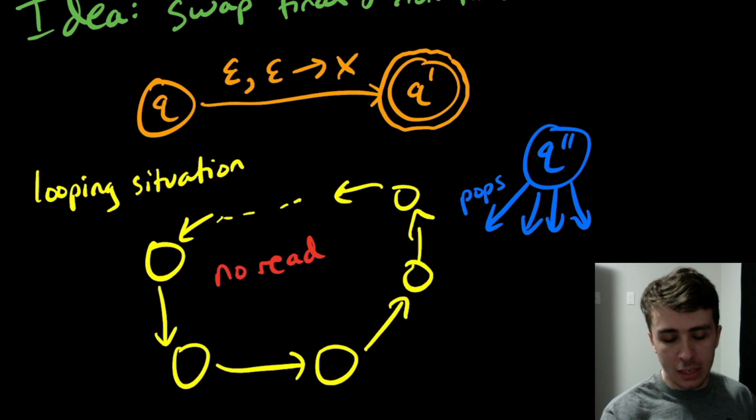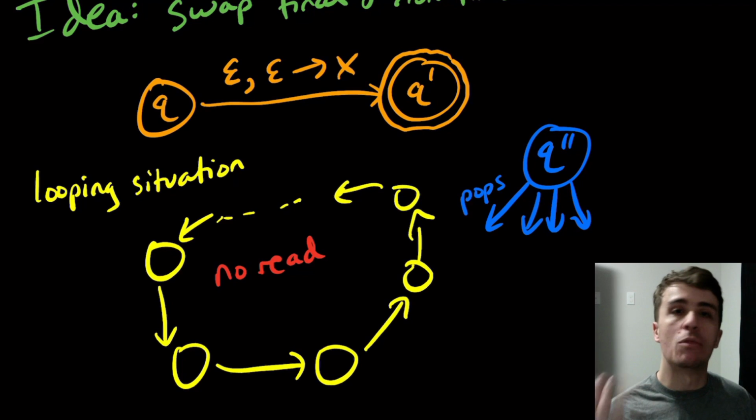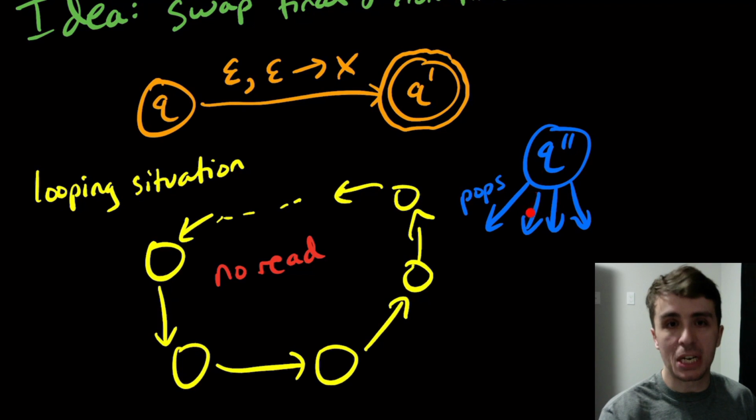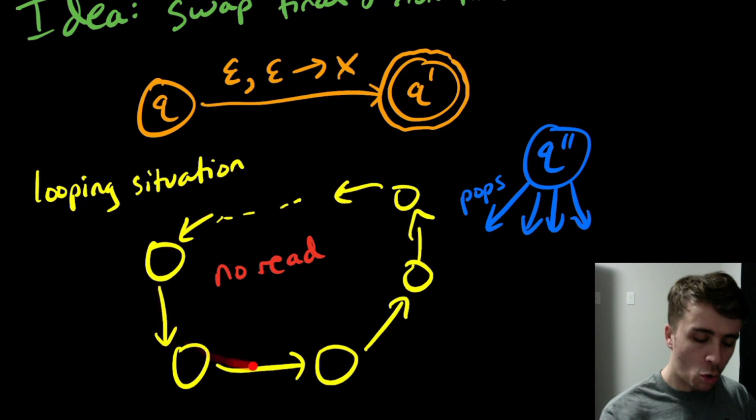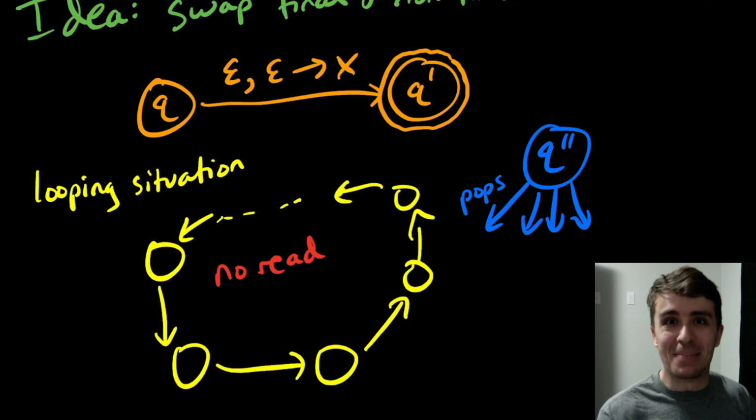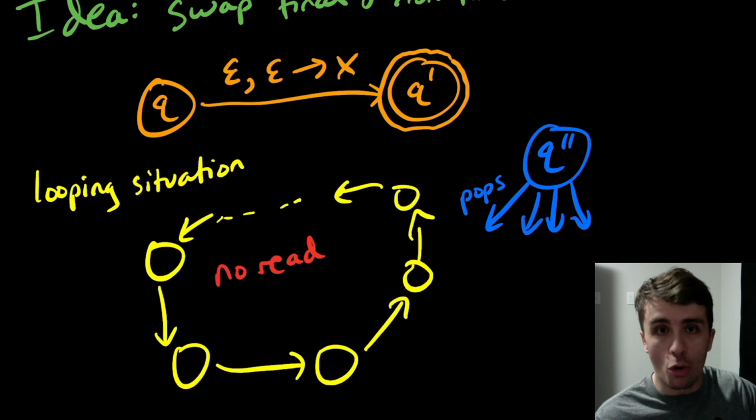Then if we try to take any of these transitions, we try to pop an empty stack, which is just impossible. So we would actually get stuck in this state, and we would never possibly read the whole input string. So we could fail to read the input string by getting stuck and not being able to take a transition, or the opposite problem, we never get stuck. We would just keep going around and never actually accept the input string, because we never actually read the whole thing.